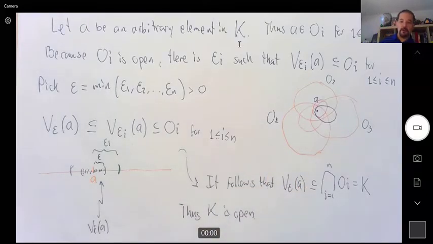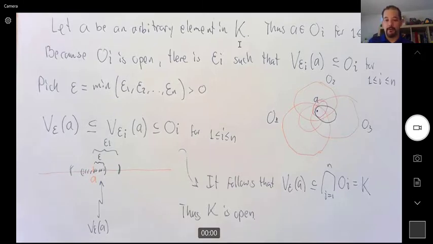Okay? All right. First little note here is that you really need this to be finite. If you make it infinite, the infinite intersection of open sets may not be open. And you have a problem in the book that asks you about that. I think it's the first one, actually.